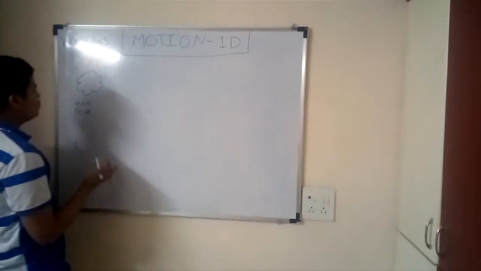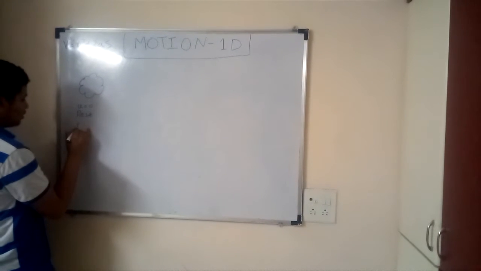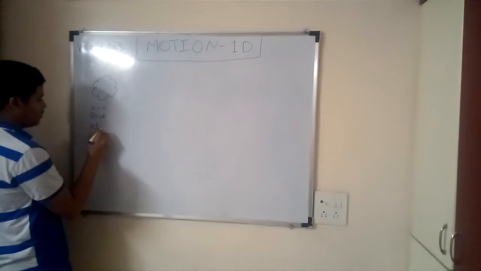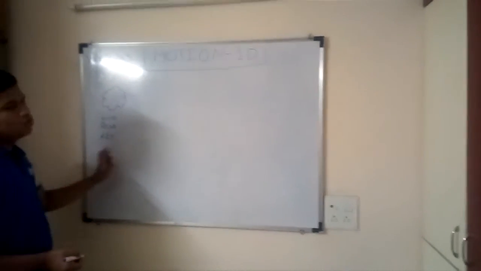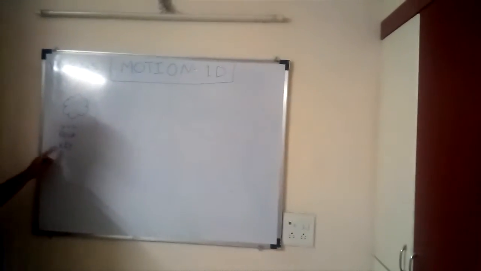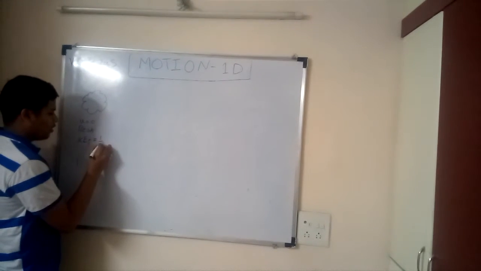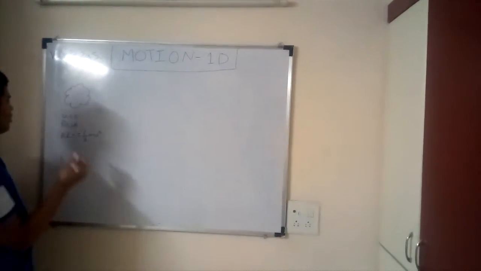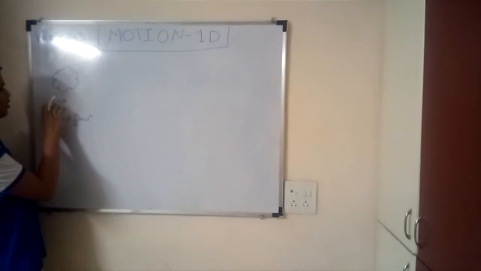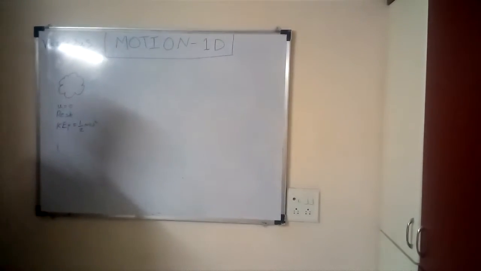Okay, initial velocity 0, and its initial kinetic energy is also 0 for now, and it is equal to half m u square. It is actually half m v square, but here we are considering initial velocity, so we can write it as u square.